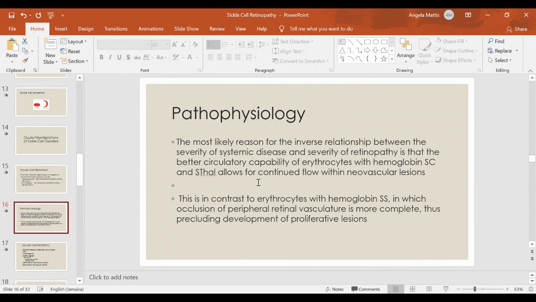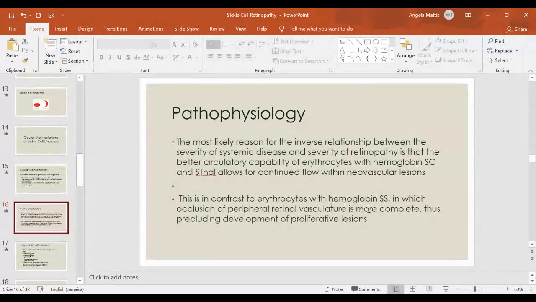So we're going to see these new vessels, and what this is saying is that there is still some amount of flow with your SC and your sickle beta thal in these lesions.